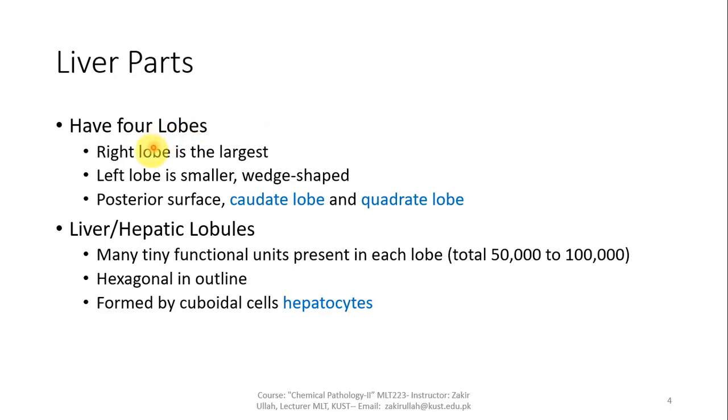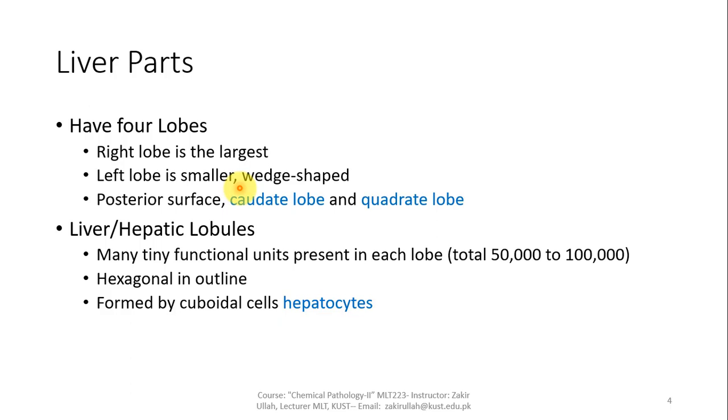The first one is the right lobe, which is the largest among all the 4 lobes, and the second one which is visible anteriorly is the left lobe, and it is slightly smaller than the right lobe and has a wedge shape.